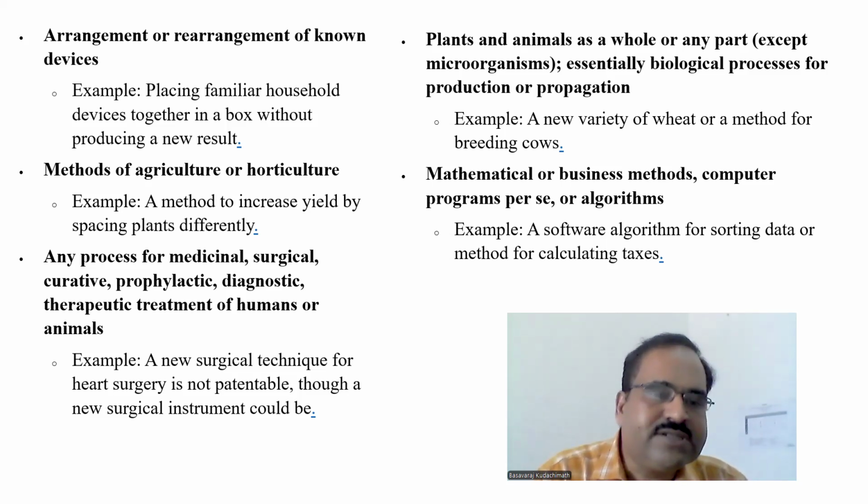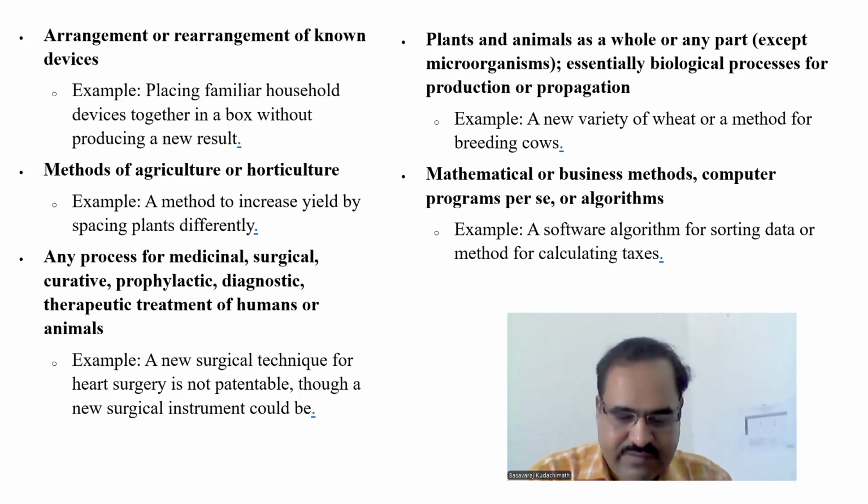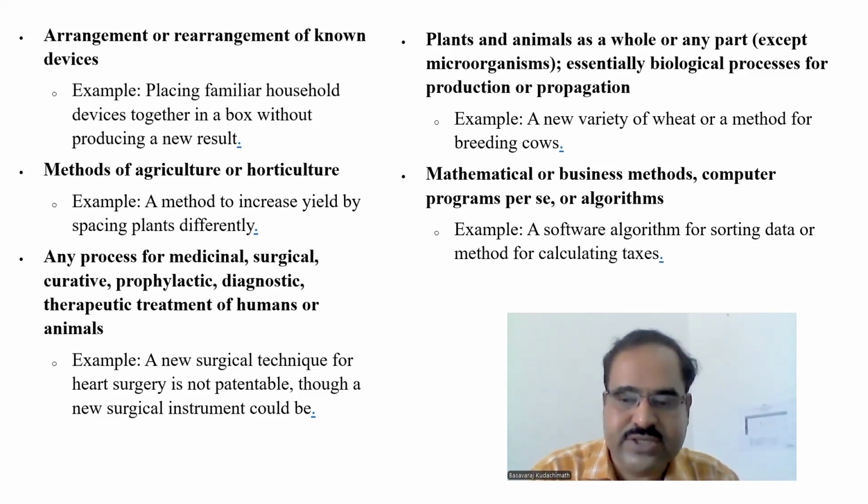Then any processes for medicinal, surgical, curative, diagnostic, or therapeutic treatment of humans or animals. Example, a new surgical technique. Similar to agriculture, even in the field of medicine, anatomy, and operations, any new surgical method you identify is not patentable.